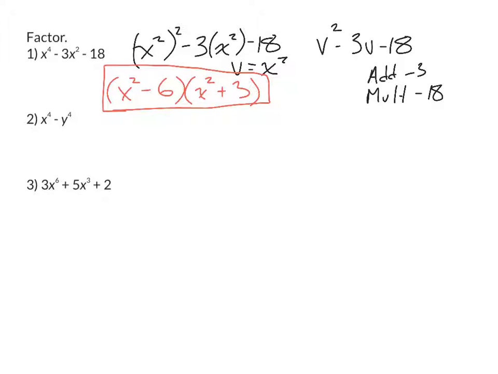In number 2, we can do something similar. I can rewrite x to the 4th minus y to the 4th as x squared squared minus y squared squared.